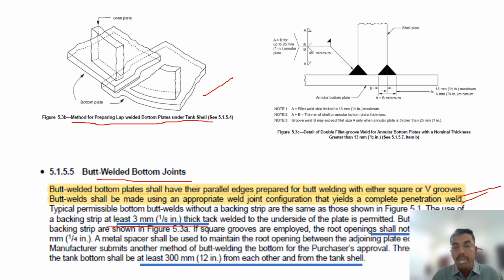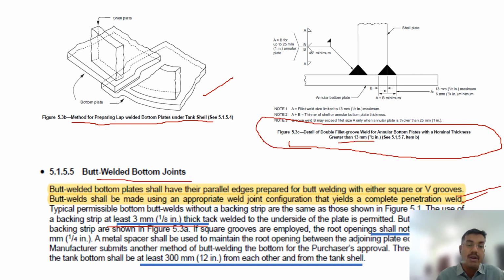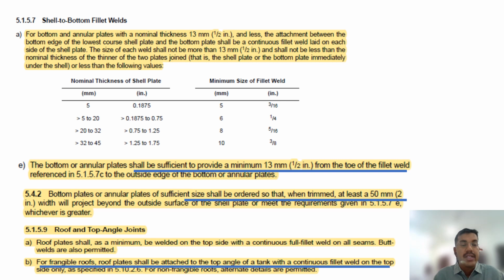So these are the requirements for the double fillet groove weld to annular bottom plate with nominal thickness greater than 13 mm. These are not so important, but for your knowledge you have to know that. Okay. Shell to bottom fillet weld. What is the fillet weld requirement? Usually this question comes in the open book.